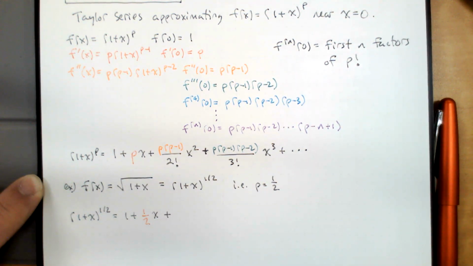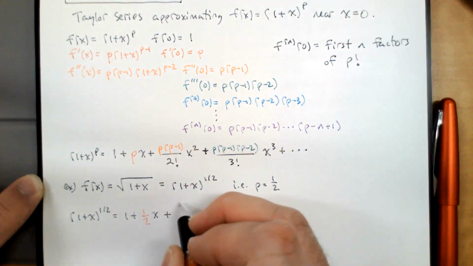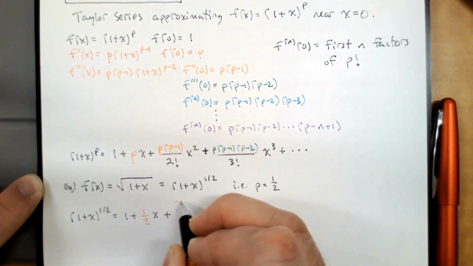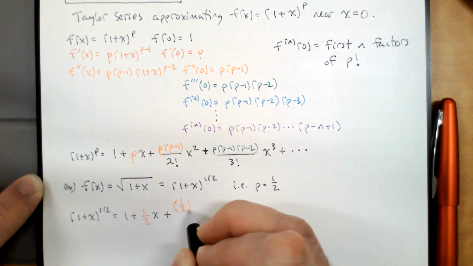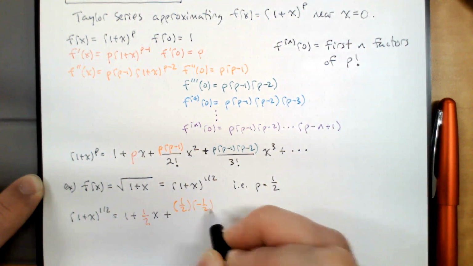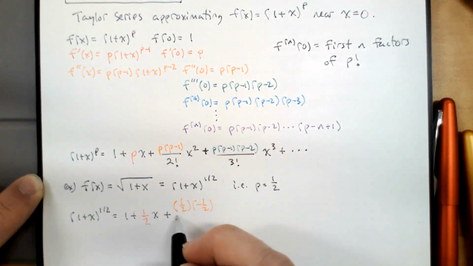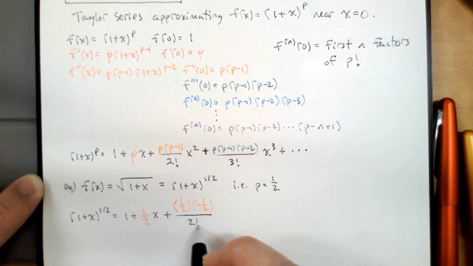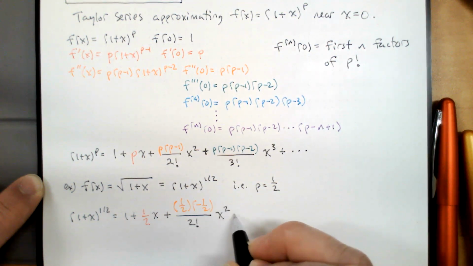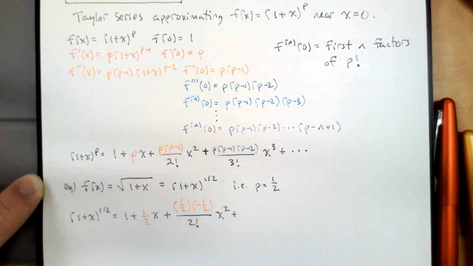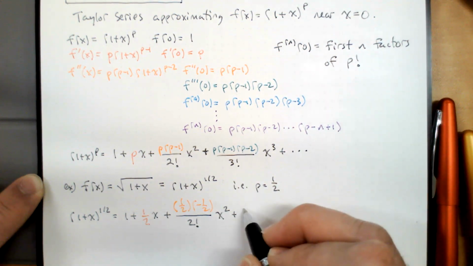The next coefficient is going to be 1/2 times 1/2 minus 1, over 2 factorial, times x squared. Then the next term will be a half times a negative a half times a negative 3 halves.